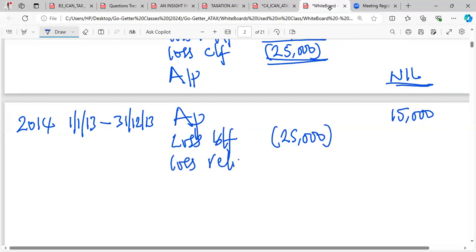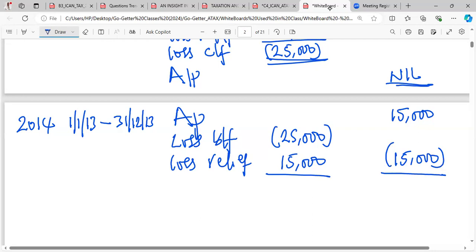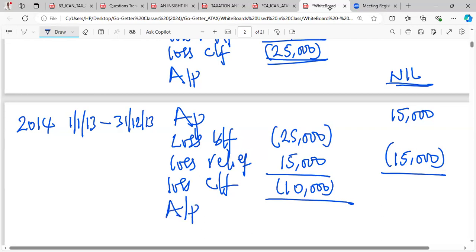Loss relief is going to be 15,000. It's going to be 15,000 here. Loss carry forward, because this is going to be 10,000. Then your assessable profit will give you nil. In this loss relief question, you will be seeing a lot of nil, nil, nil, nil, nil.